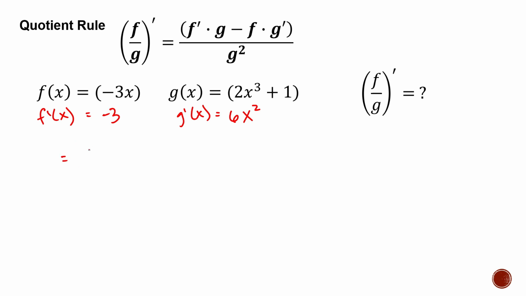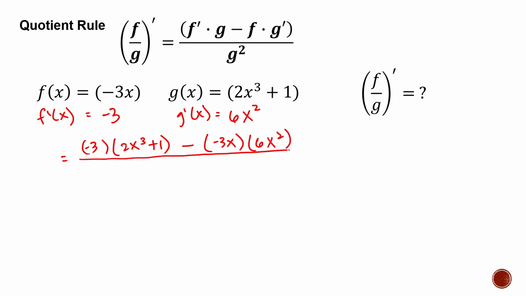Now using the formula, this is negative 3 times the g, which is 2x raised to 3 plus 1, minus negative 3x times the derivative of the g function, 6x squared, divided by 2x raised to 3 plus 1, squared.